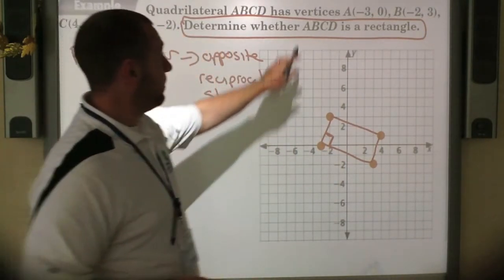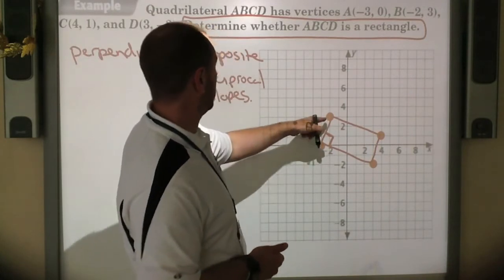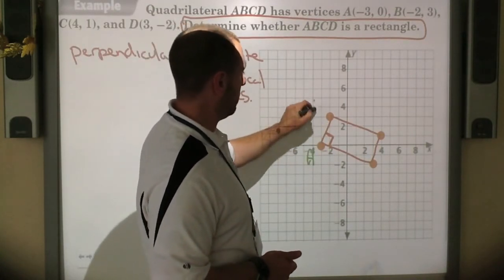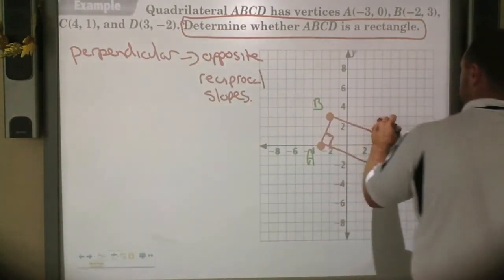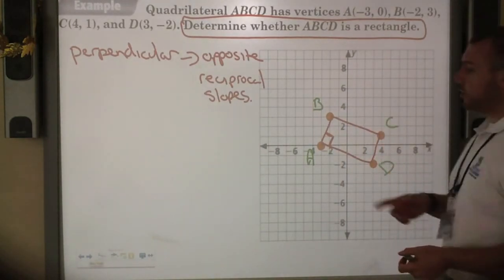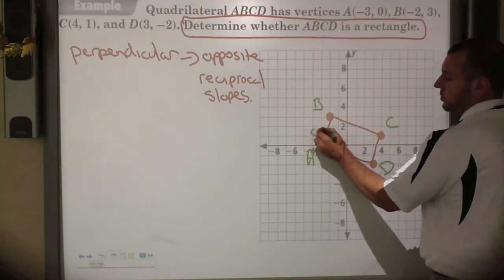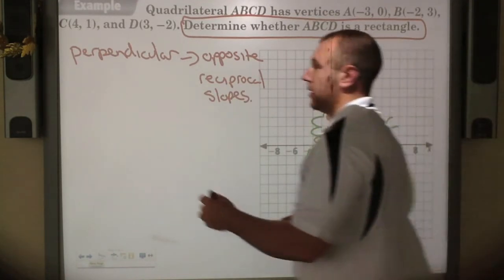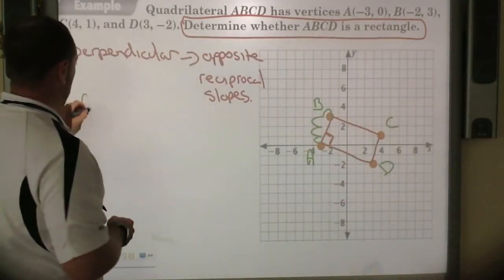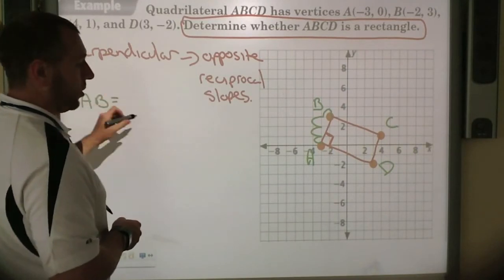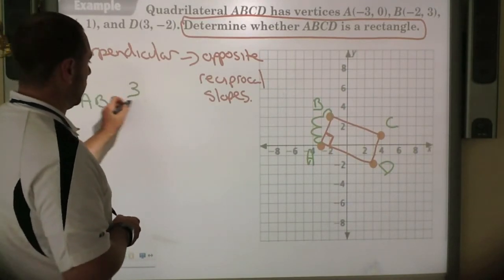So this one is A, this one is B, C, and D. So if I go A to B, I would go 1, 2, 3 over 1. So AB has a slope of 3 over 1.